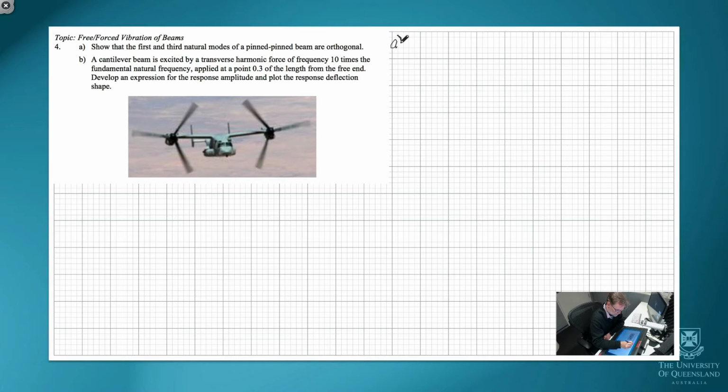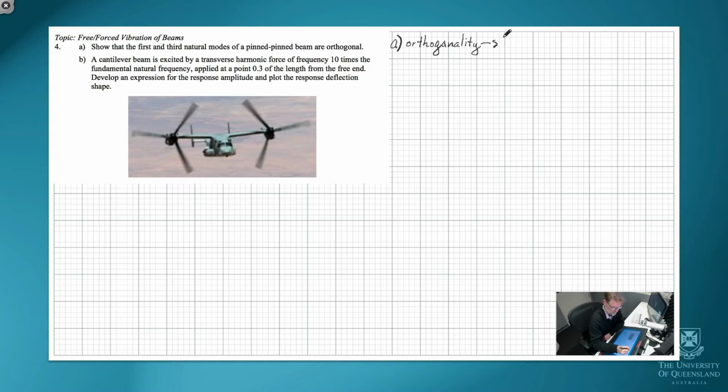So part A is on orthogonality. And we can state from lectures the orthogonality expression.